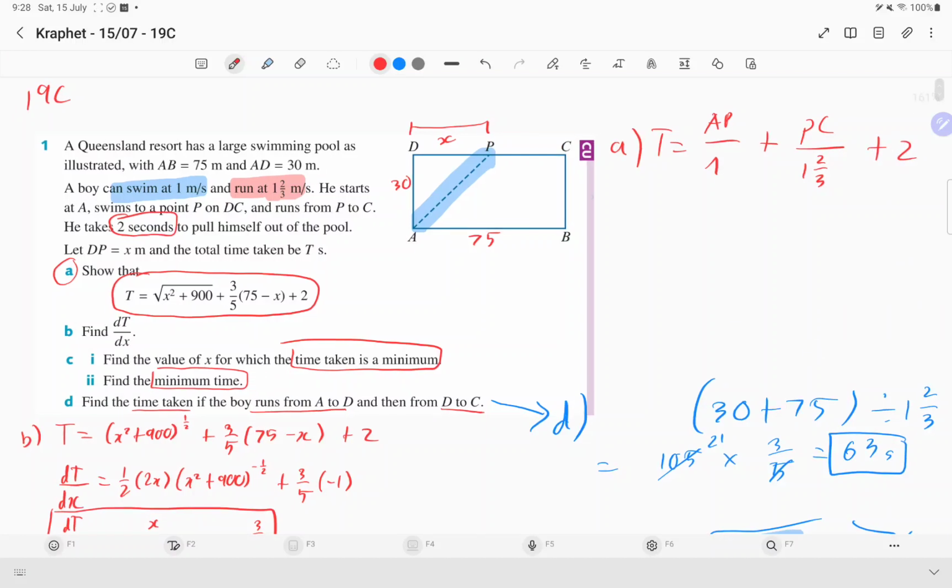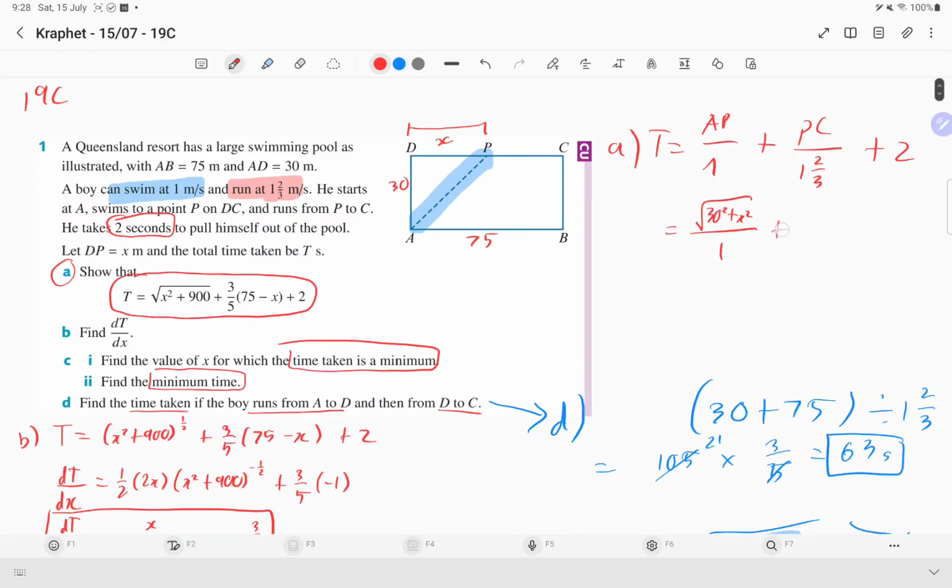So based on this, AP is just the square root of 30 squared plus x squared because it's just the Pythagoras theorem. And then PC is just 75 minus x, over 5/3. And so the first one would be the square root of x squared plus 900. And then the other one would be plus 3/5 times 75 minus x, because dividing by 5/3 is times the reciprocal, plus 2. Shown, done.